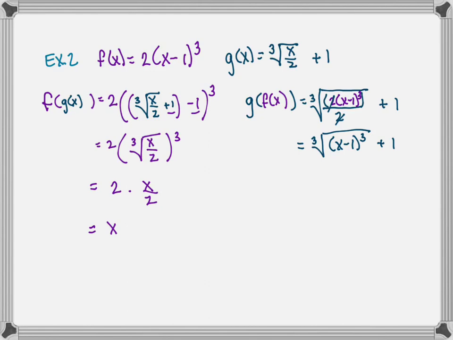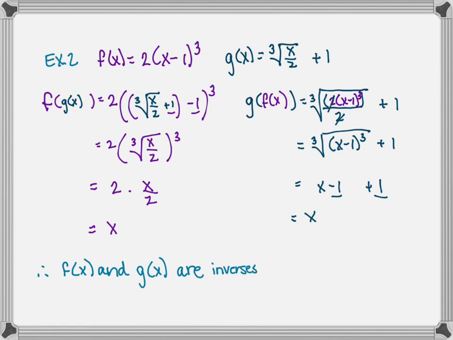And then the cube root and the cubing are inverse operations, so we're left with x minus 1 plus 1. And then the negative 1 and the positive 1 cancel and form a 0, so we're left with x. So again, f of g of x equals x, and g of f of x equals x. Therefore, f of x and g of x are inverses.